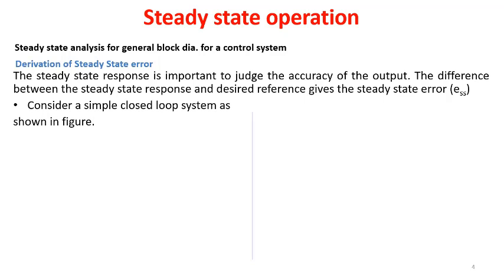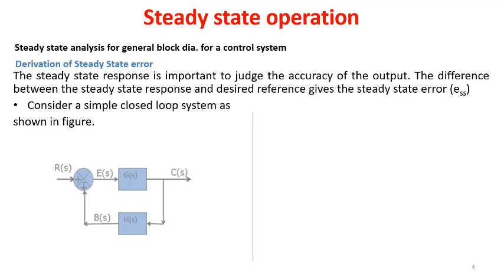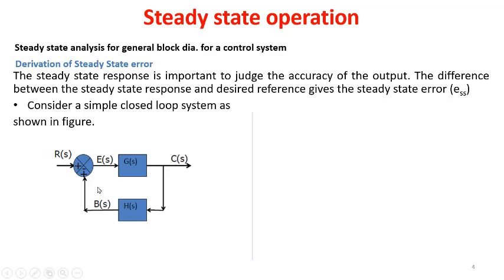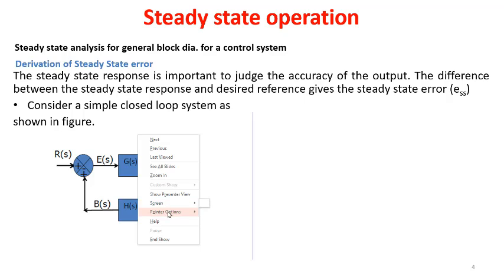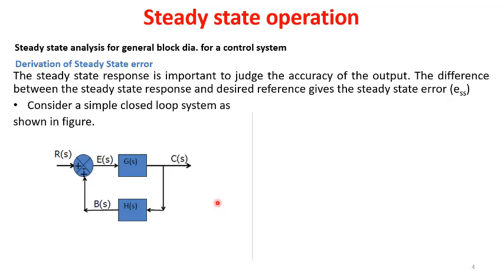Let's consider a simple closed loop system as shown in the figure. Here in this closed loop system, we are having a forward block, a feedback block and a summation point and a takeoff point.